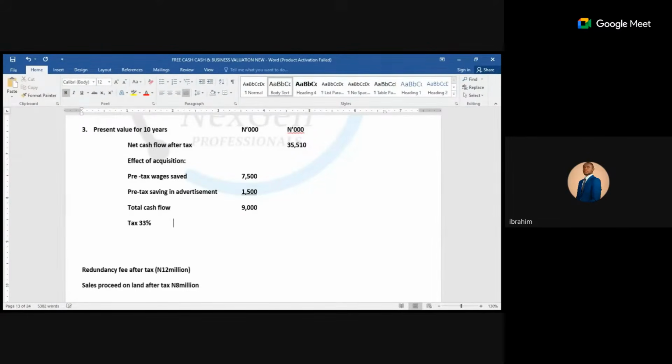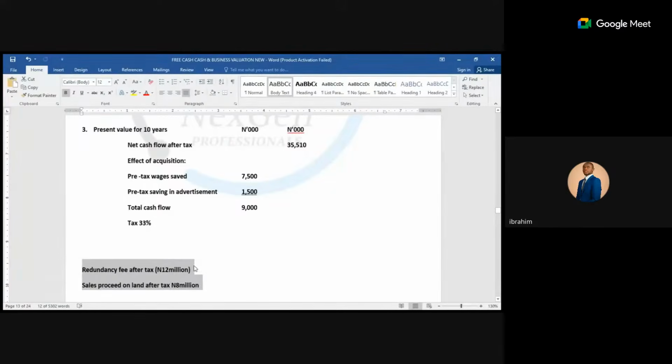So what is the tax? Don't forget that these two are one-off, and it is even after tax. Now, adding this question, this redundancy fee is pre-tax. This sales proceed is pre-tax.